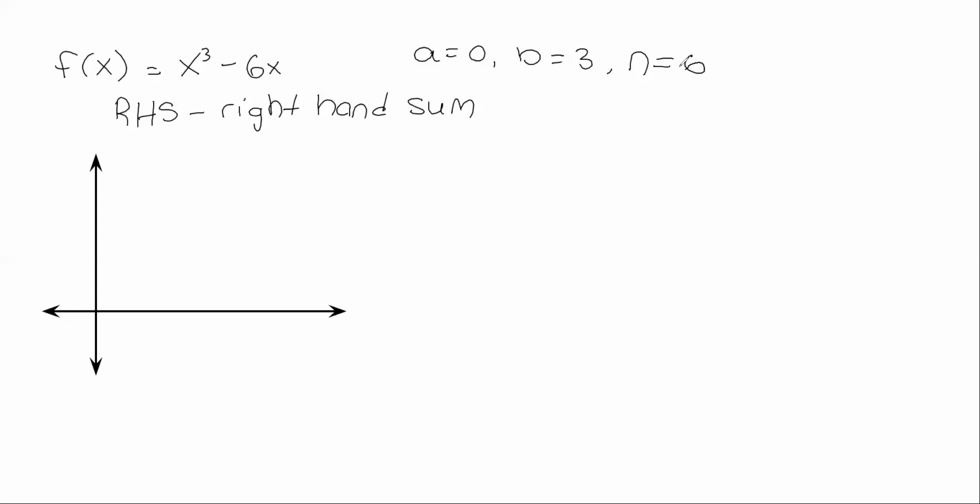So we want to start just by doing a quick sketch of this function. And I might want to modify the axis a little bit and make it look like this instead. Makes it a little bit easier. So we have an intercept somewhere between 2 and 3.